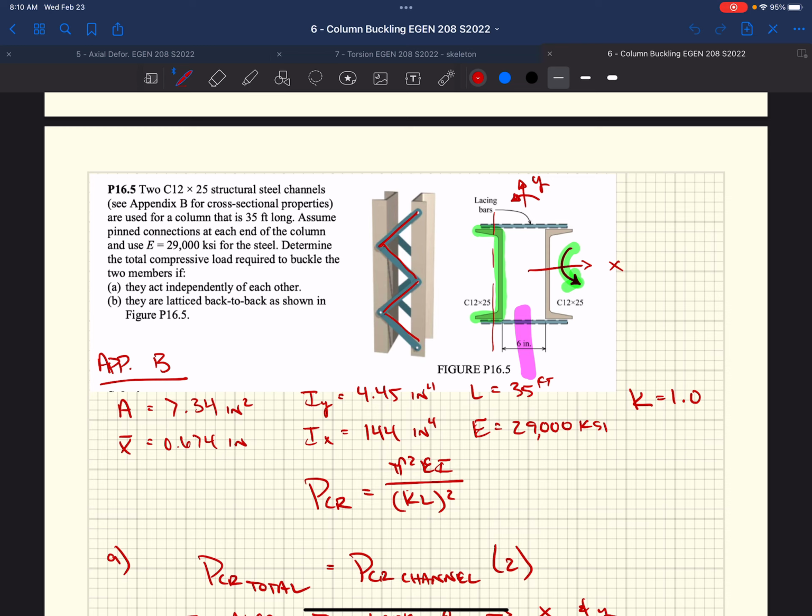And when they go side to side, they're bending about the weak axis, this y-axis. And then if they buckle in and out of the page here, they're going to be rotating, because they got to rotate in order to buckle. And when they rotate, they're going to be rotating about the strong axis, or the x-axis, but they're actually moving about the y-axis. Okay. So those X and Y's, we're looking at the cross section. Yeah. Okay. Yep.